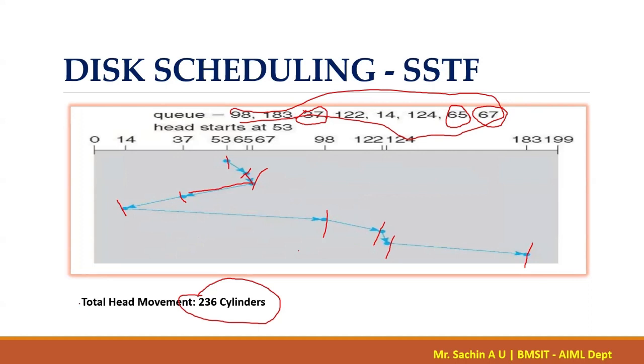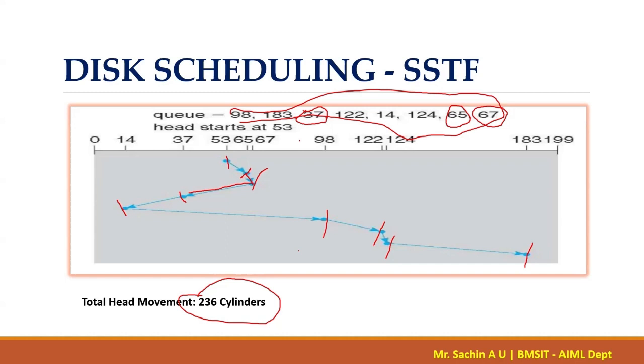Every time you want to decide where to move, you should first scan this queue entirely to check which one is nearest to the current read write head position. Every time before moving you need to calculate it and then take the decision. So this is one overhead of this scheduling algorithm.